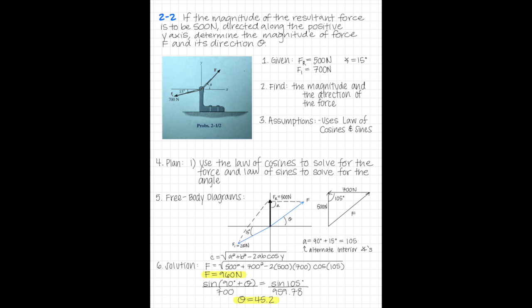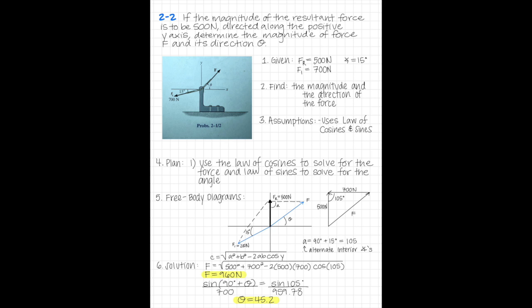So what we're going to do is draw an axis. And from the problem, we see that a force is going in this direction, and force 1 is going over here, F1, and then we are going to label the 15 degrees between the axis, and then the resultant force, which is positive along the y-axis.